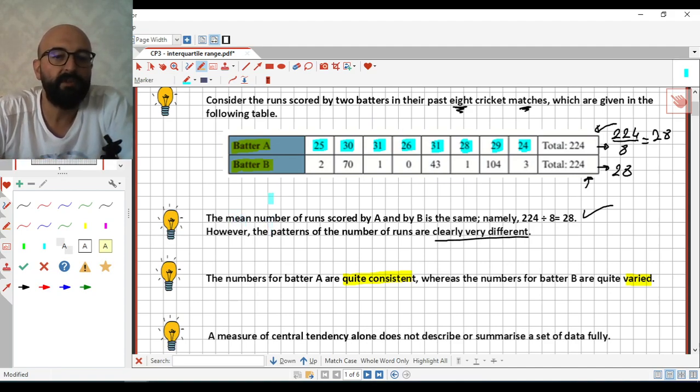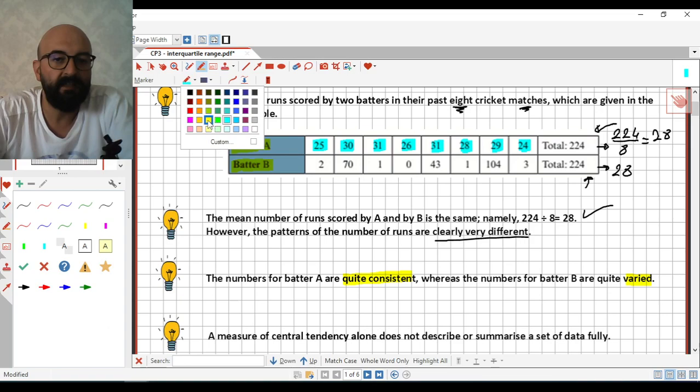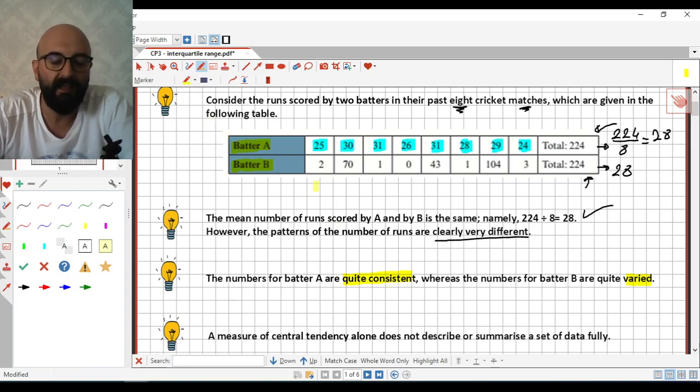But if you look at batter B's scores, he has, for example, 2, but he has, for example, 104. He has a 0 score, but also he has a 70 score.